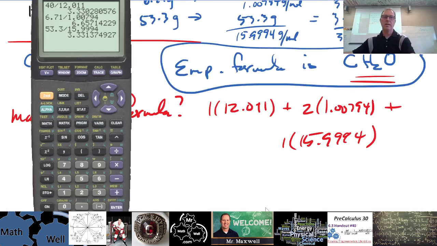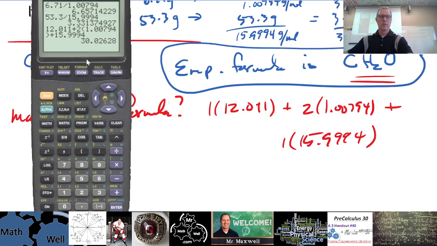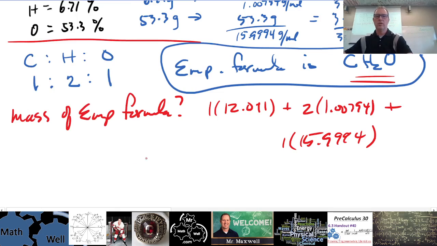That's 12.011 plus 2 times 1.00794 plus 15.9994, which is 30.026. So the mass of the empirical formula is 30.026.